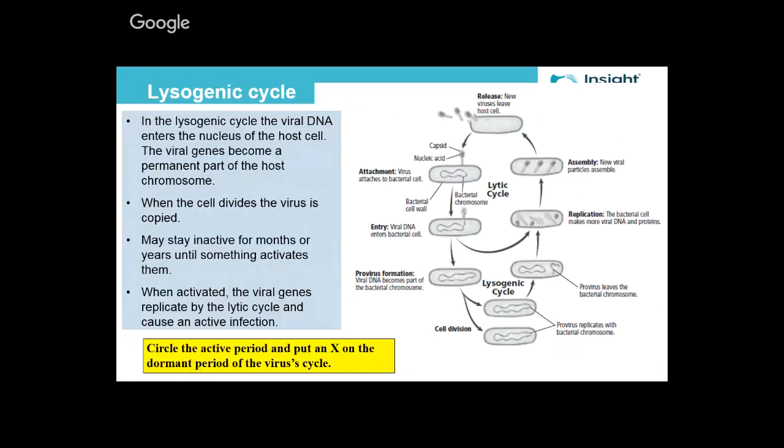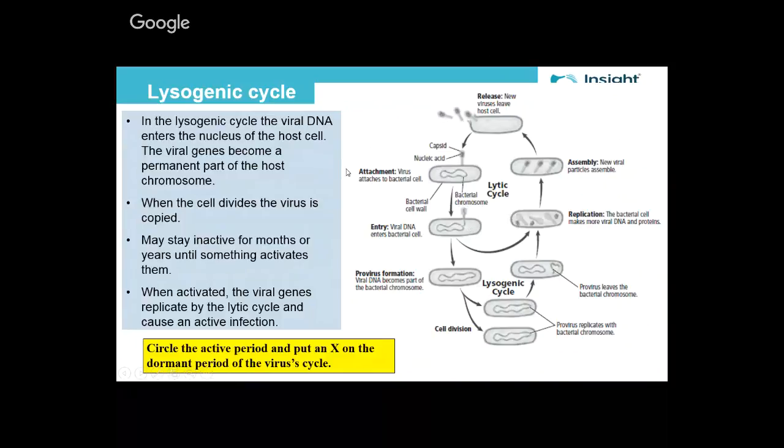So here we see an image of these two processes. So we'll start at the top. Oh wait, no, we'll start over here on the left where we have the entry. So the viral DNA enters the bacterial cell.